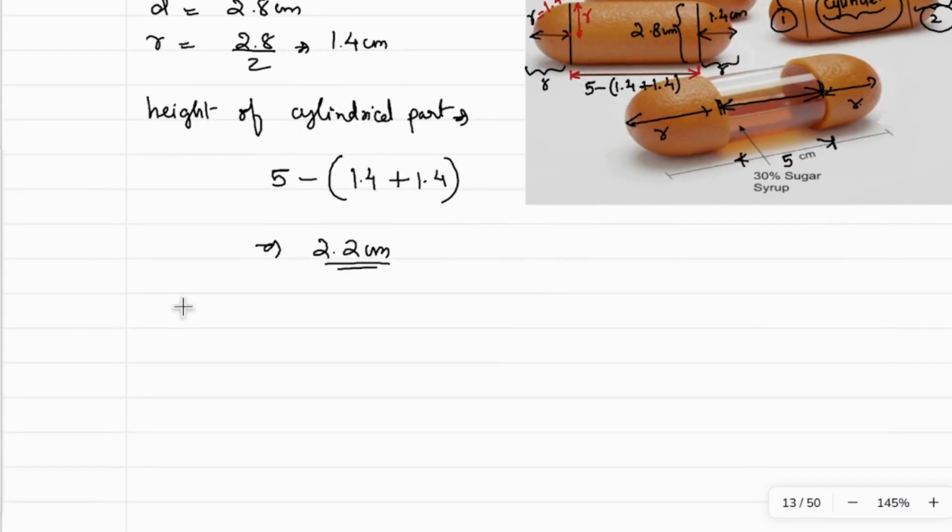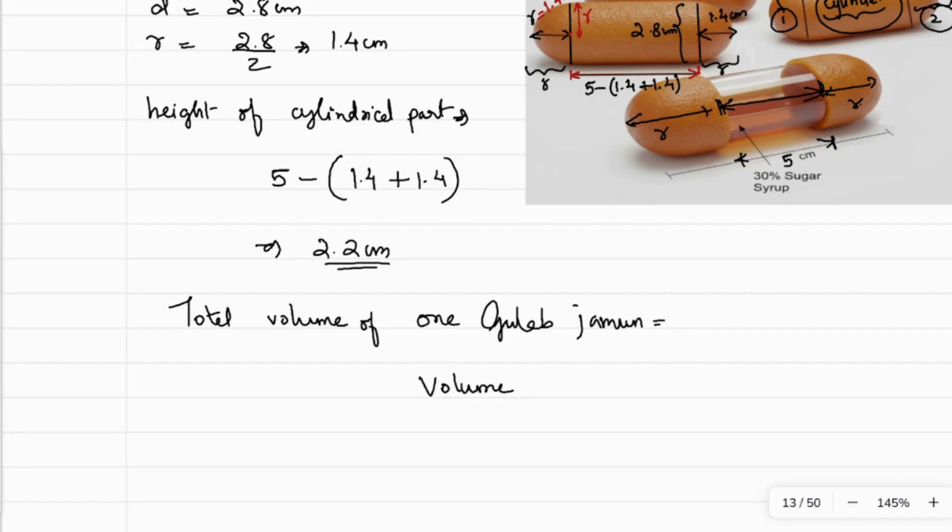Then I need to find the total volume of one gulab jamun, right? Total volume of one gulab jamun is equal to volume of cylinder plus volume of how many hemispheres are there?